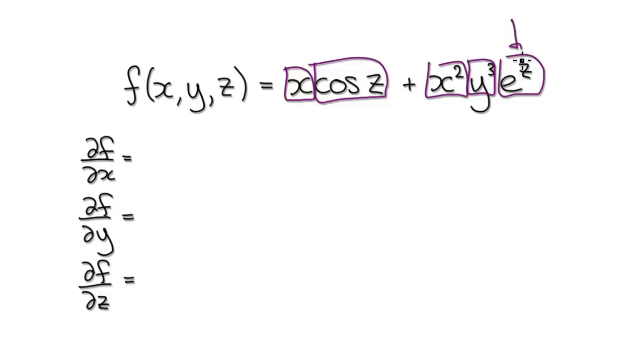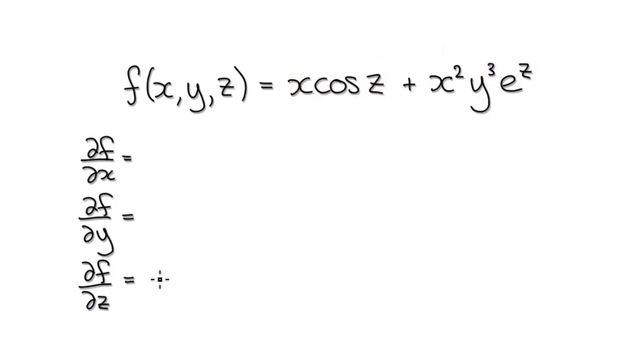So this block is a variable, constant, constant. So let's differentiate it with respect to z. So this is a variable. So when you differentiate it, it would be x, because x is a constant. So that would be minus sine of z.